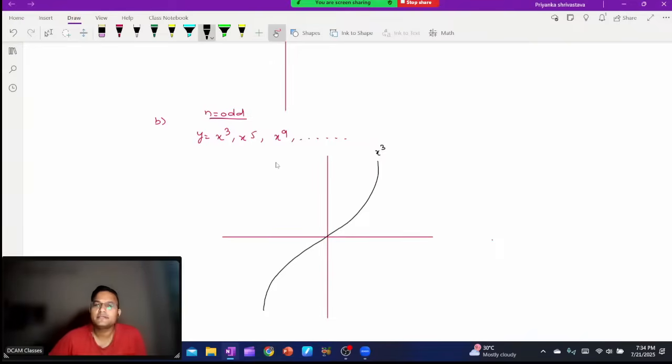Why the same? See, if you are keeping the same value of y, for x power 5, for a lower value of x you will achieve that.